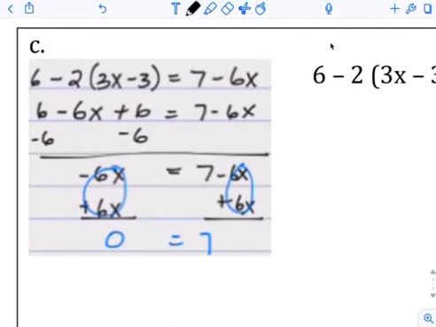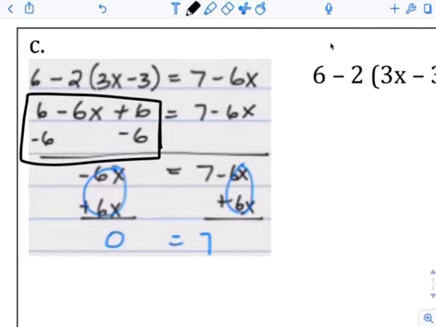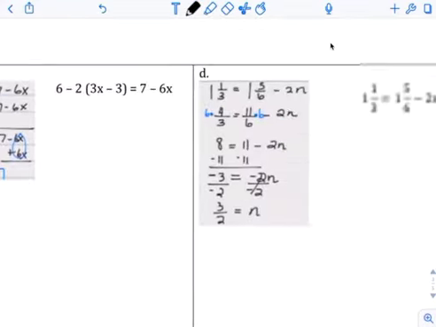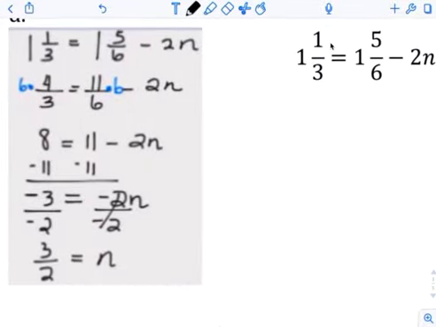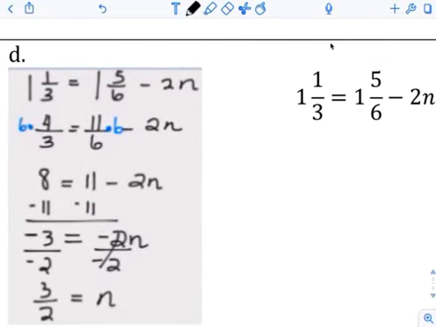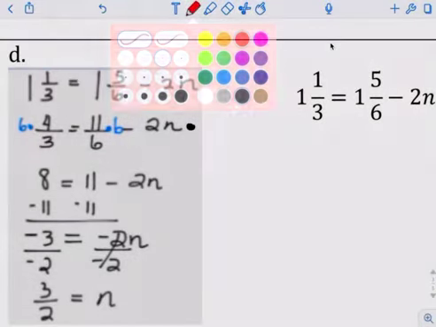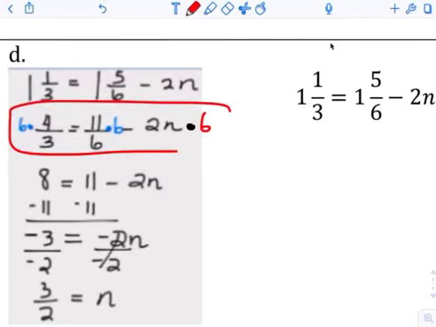See where the mistake is. Oh, right here, look. They can't make 0 to the same side. Then redo the problem correctly. Okay, this one here. Let's see, 4, 11, yeah, times 6. Oh, they forgot to times 6 over here. So this step is incorrect right here.